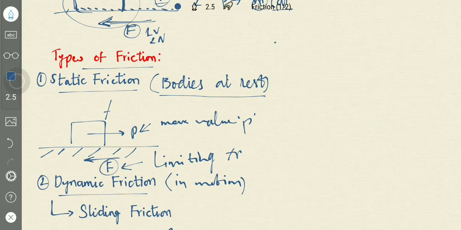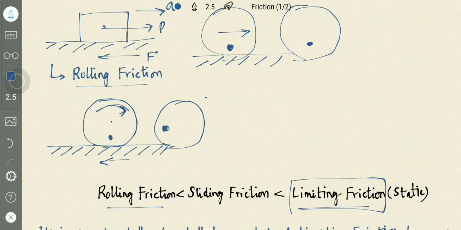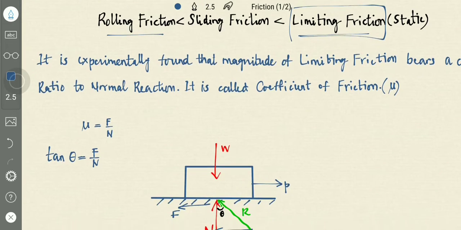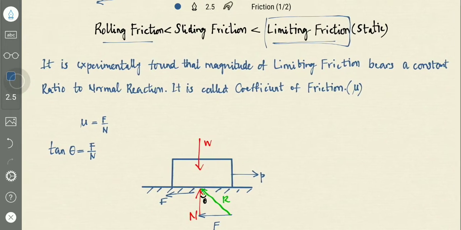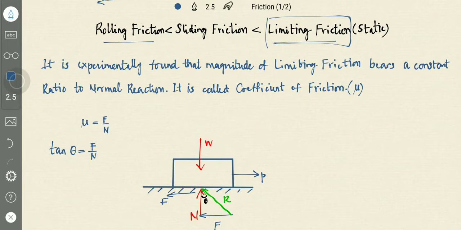Limiting friction is the friction at the maximum value of P at rest. It is experimentally found that the magnitude of limiting friction bears a constant ratio to normal reaction. It is called coefficient of friction.